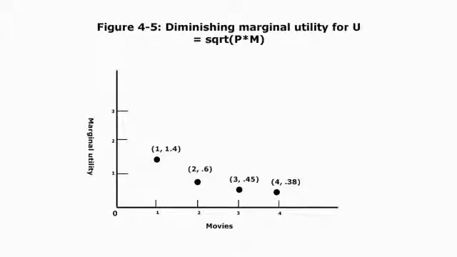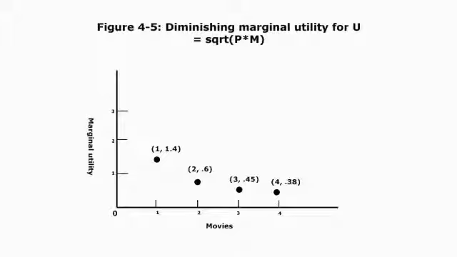So when you have 2 pizzas and 1 movie, your actual utility, I see, that's what this is. This is the actual utility I'm graphing. I told you a minute ago we can't measure utility as a cardinal concept, but here I'm doing it anyway to illustrate marginal utility. So your utility when you have 1 movie is 1.4, the square root of 2.